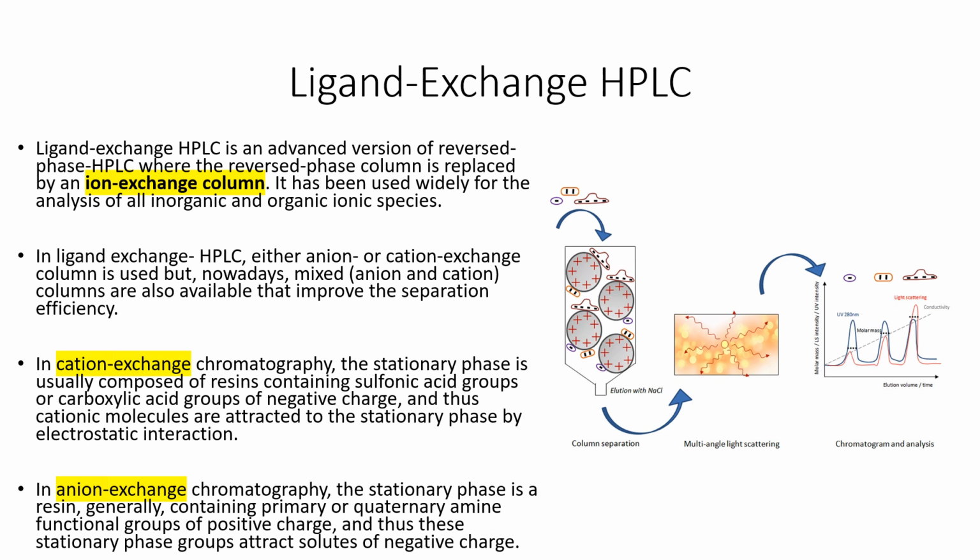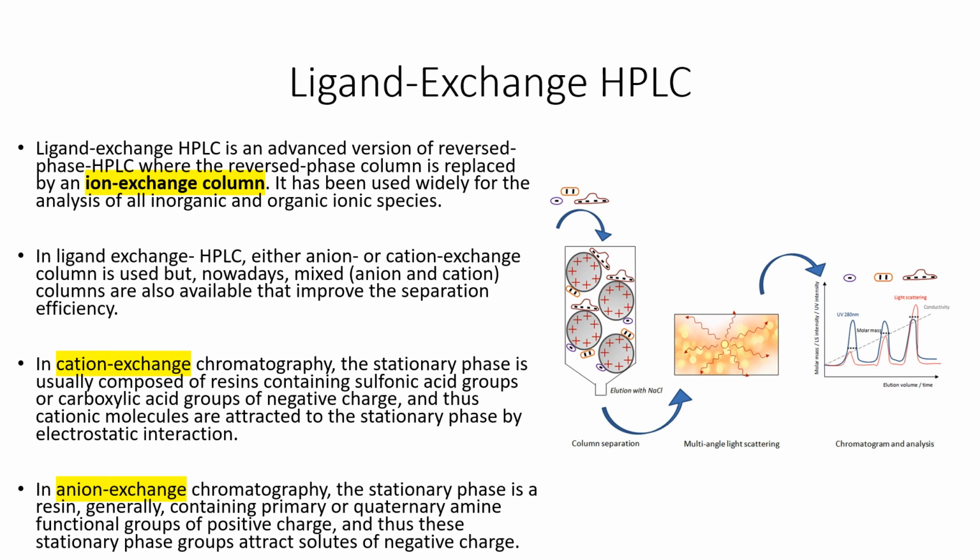And the ligand exchange HPLC is an advanced version of reverse phase HPLC, where the reverse phase column is replaced by an ion exchange column. So in the ligand exchange HPLC, either the anion or cation exchange column is used, but mixed columns are also available that improve the separation efficiency.